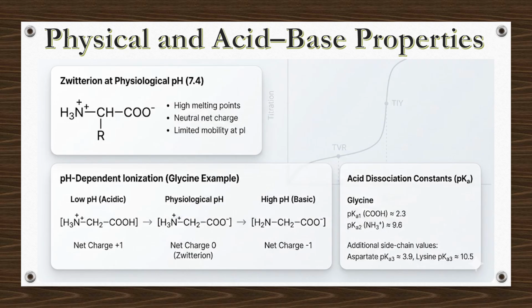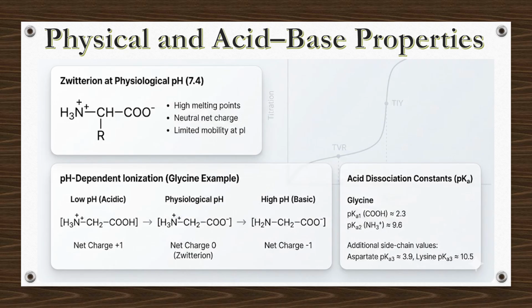Side chains vary widely. Aspartate and glutamate have acidic pKa values near 4. The histidine imidazole group is near 6. Cysteine's thiol is around 8, and so on. It is important to remember that these values can shift when amino acids are parts of proteins.